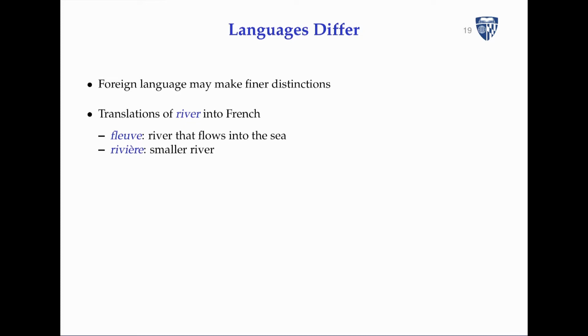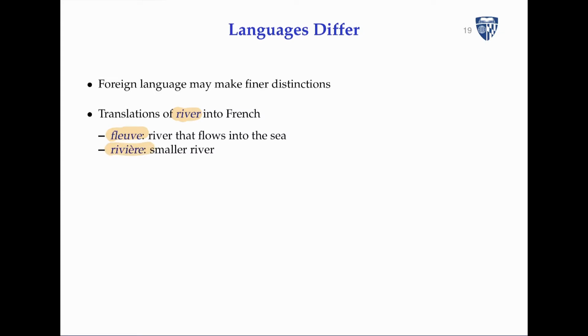Just to give you some subtle sense about how languages differ in the senses they assign to things. For instance, if you look at the word river in English, that's a pretty unambiguous word. There are distinctions being made in French that are not being made in English. So here fleuve is a river that flows into the sea, and rivière is a smaller river.